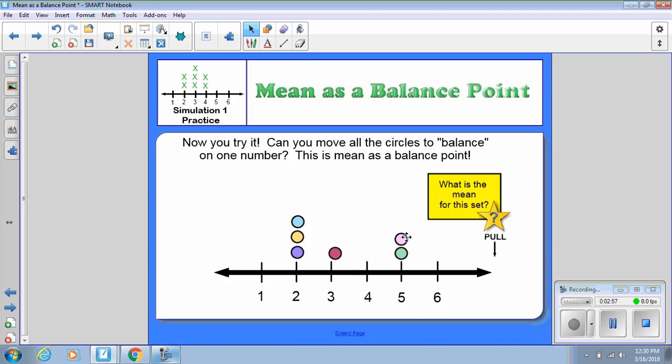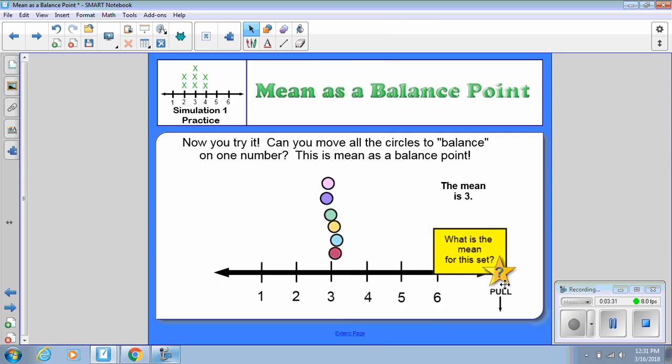Moved once again, and we can't cross over the 3 because this dot met at the 3, the dot that was going towards the left, and the other one met the one that was going towards the right in this middle. So this data set, the mean, the balance point of this data set would be 3. Are we right? Yes.